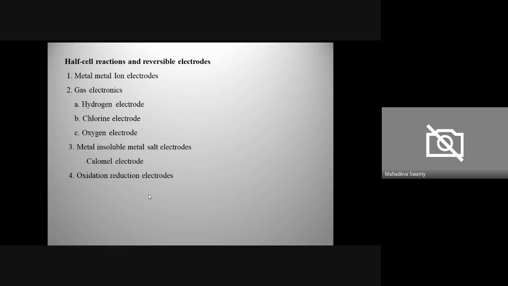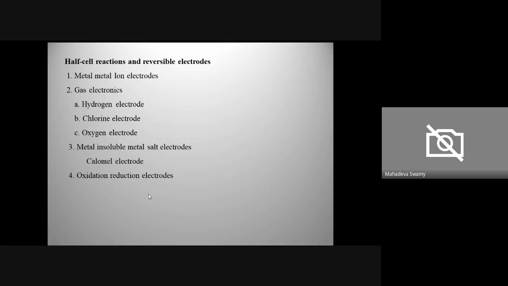So we are called metal ion electrodes. Then gas electrode. The gas electrode is nothing but hydrogen electrode. Again, three types of gas electrodes are there: hydrogen electrode, chlorine electrode, oxygen electrode. Then the third one, metal insoluble metal salt electrode. So what are those? We are using reference electrodes. One is metal insoluble salt, meaning calomel electrode.